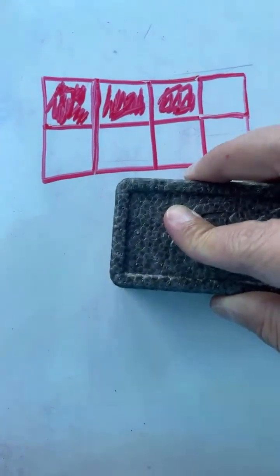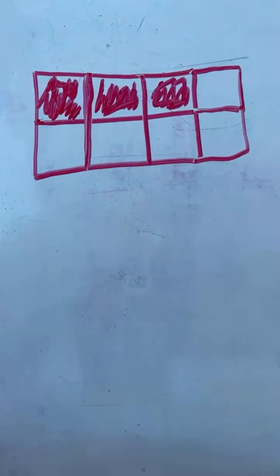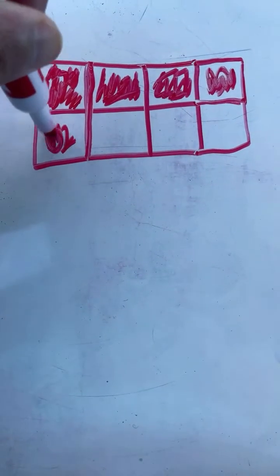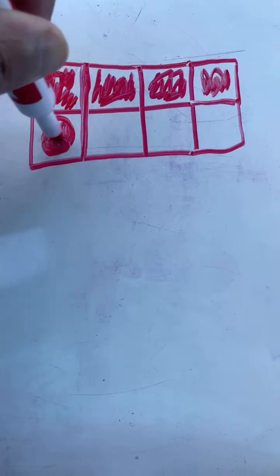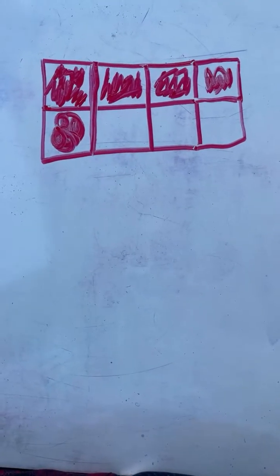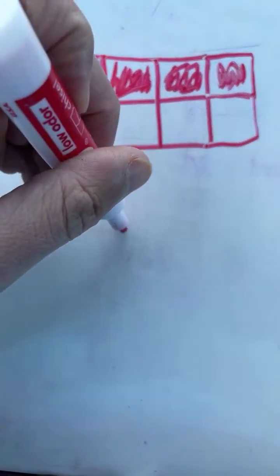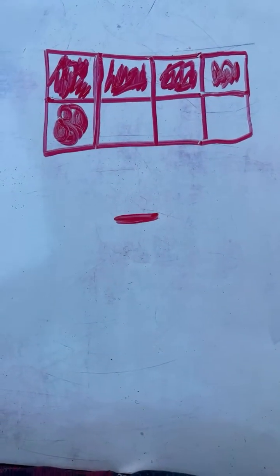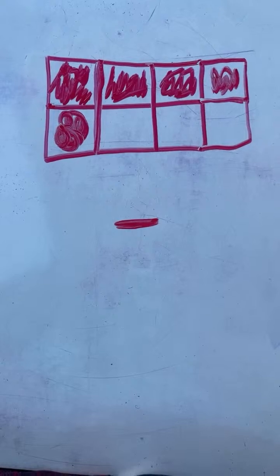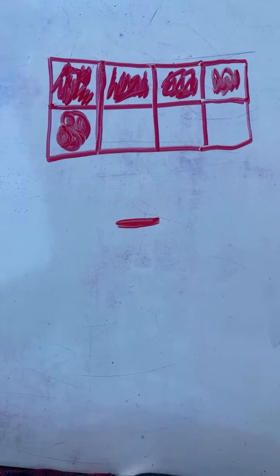Alright, next fraction model. So determining the fraction this model represents. So the denominator represents the total amount of boxes, and the numerator represents the number of boxes that are shaded.